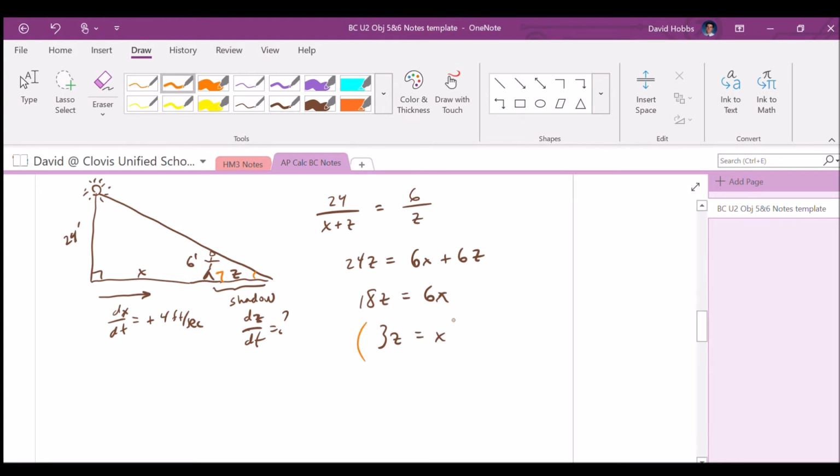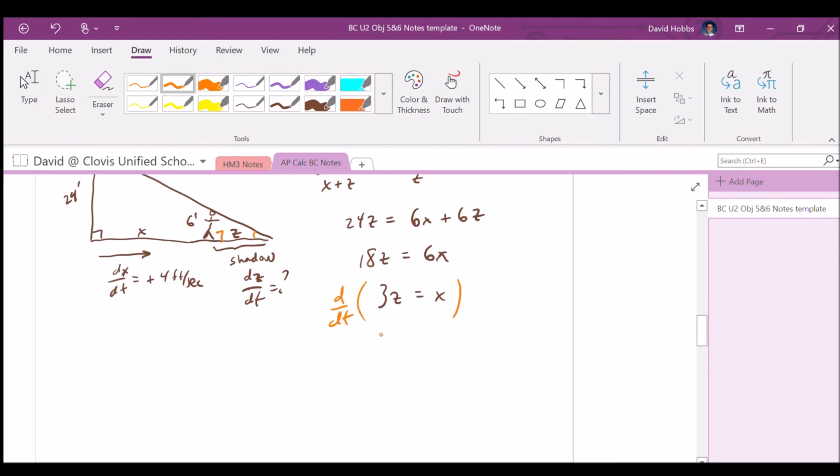Let's take the derivative of that with respect to time. And so we have 3 dz/dt equals dx/dt. Oh, that's a lot nicer. Okay, we know dx/dt. We want dz/dt. So dz/dt is the dx/dt, which is positive 4, divided by the 3.